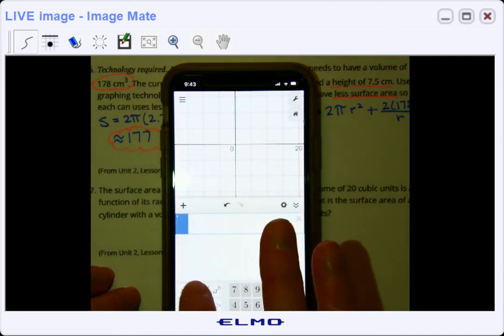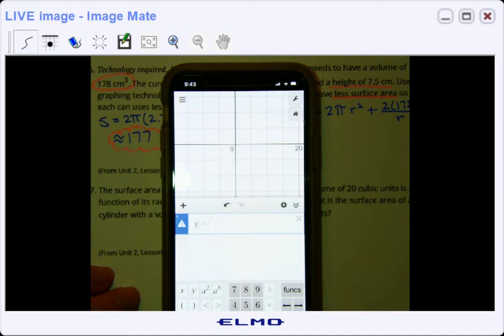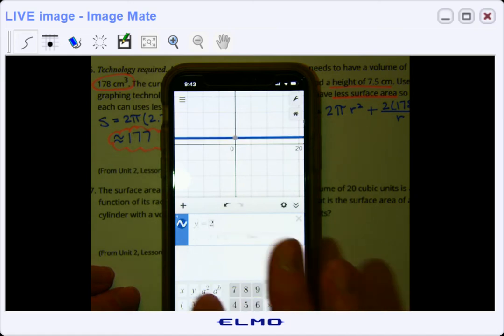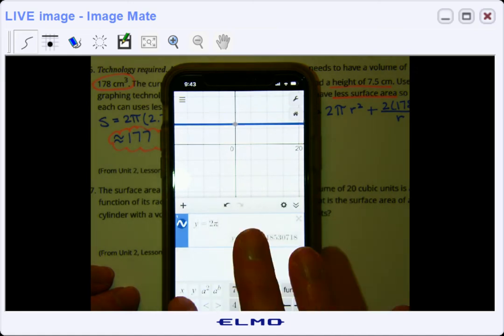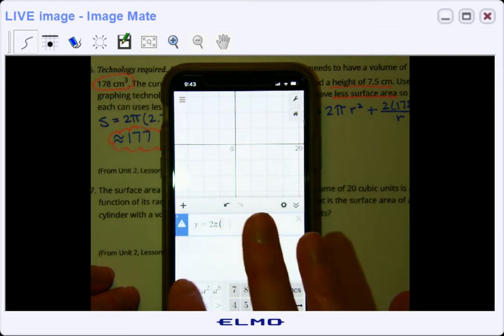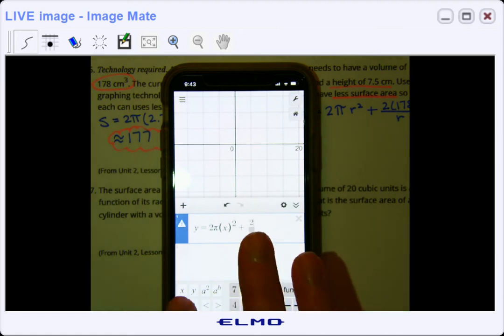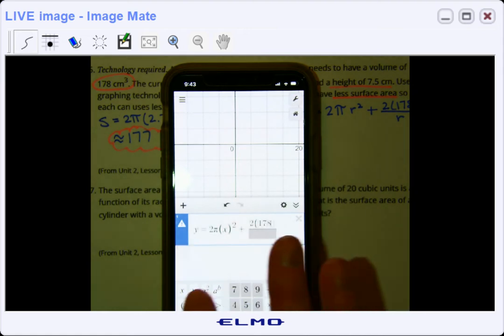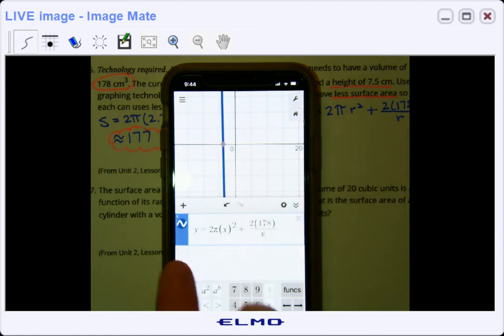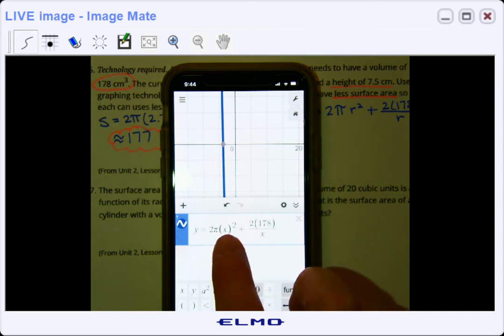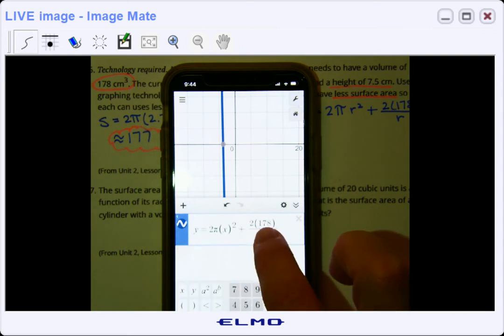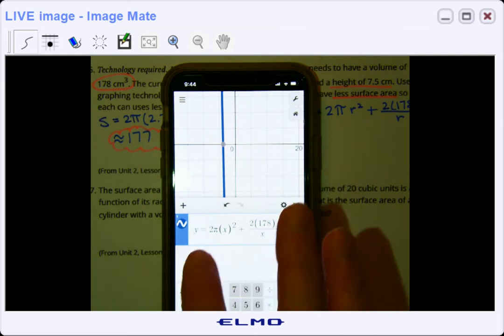Again, we always have to use X and Y. So Y equals 2 pi times X squared plus a fraction: on the top, 2 times 178, and on the bottom is the other X. Y is the surface area, X is the radius, and 178 is the volume that the can needs to be.